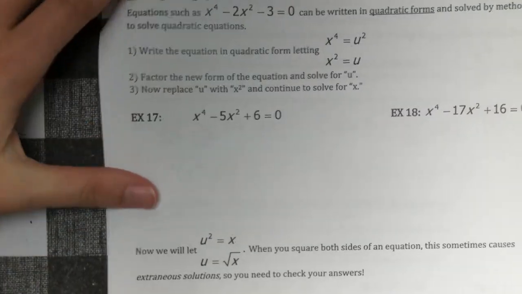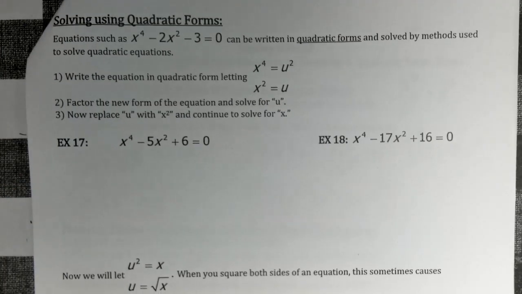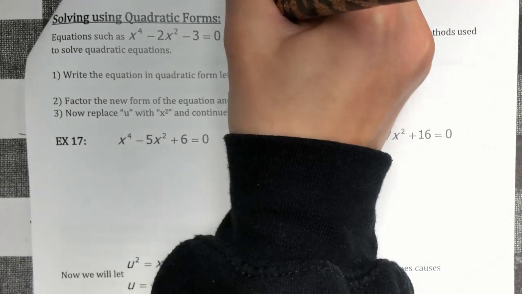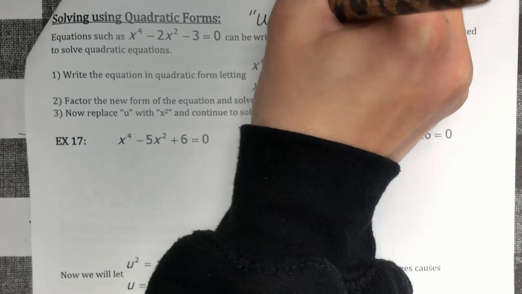Okay. Now we're going to talk about quadratic forms. Okay, so quadratic forms is what I usually call U substitution.